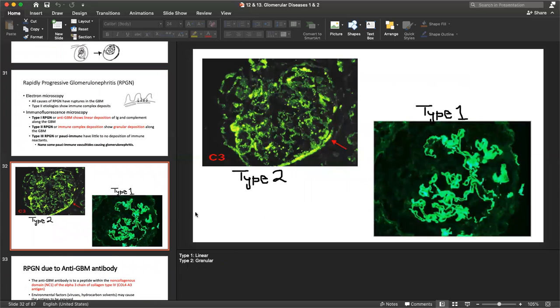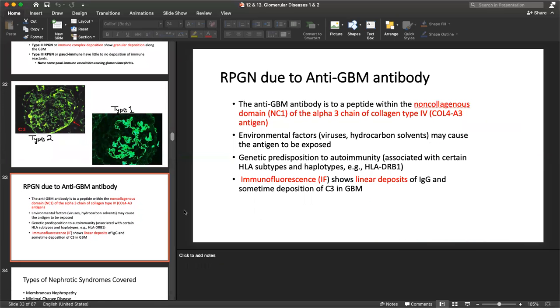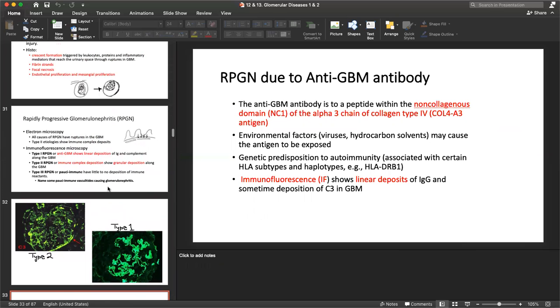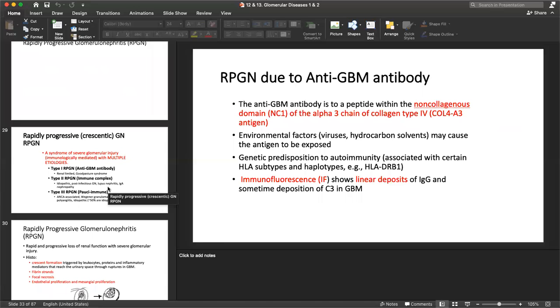Okay. Type 1, linear, which is Goodpastures. Type 2, granular. Okay, so RPGN due to anti-GBM antibody, what you need to remember is that COL4A3 antigen.